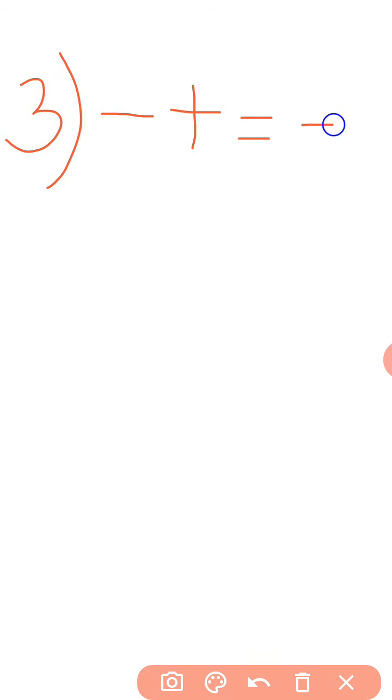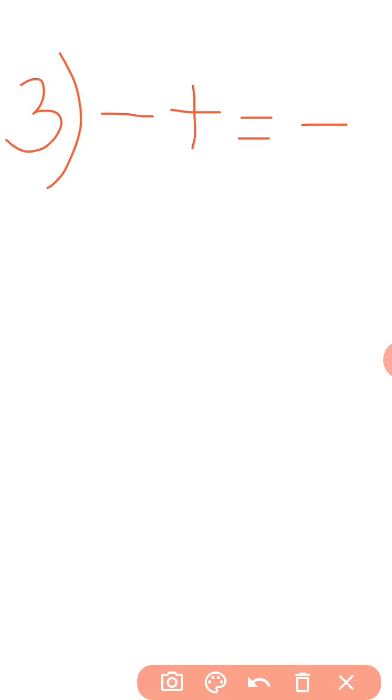Now comes the third rule. If one number is with a negative sign and the other number is with a positive sign, so minus plus, then we will have to subtract both those numbers from each other.